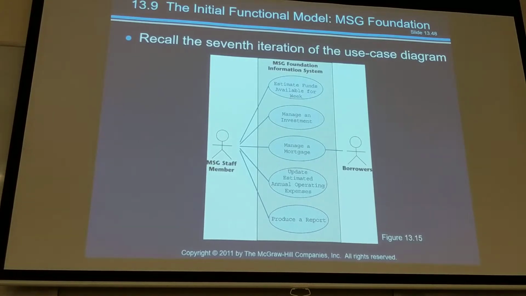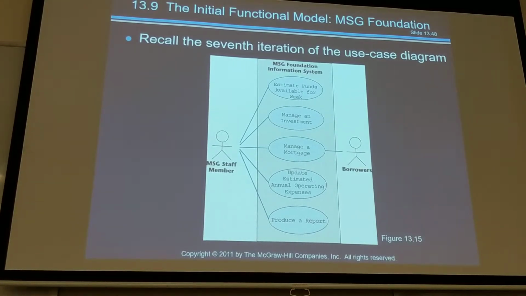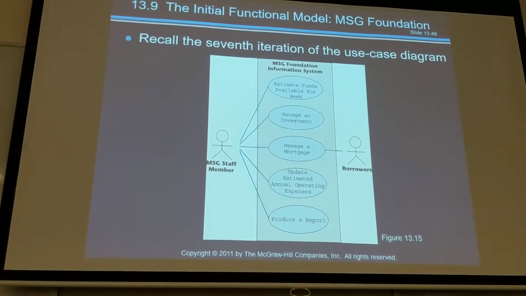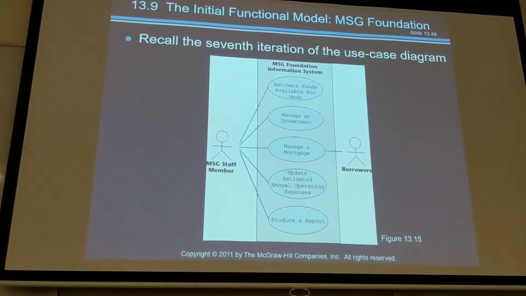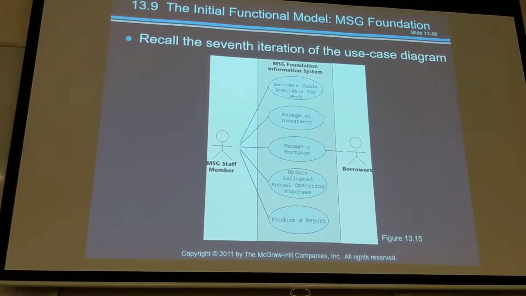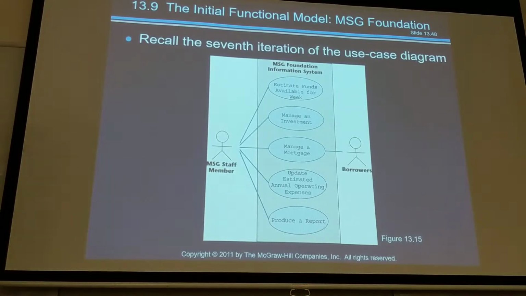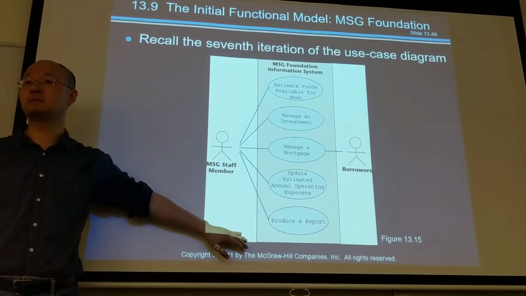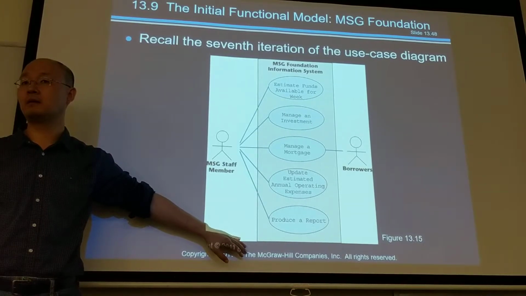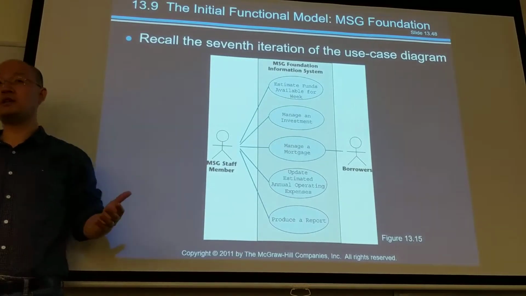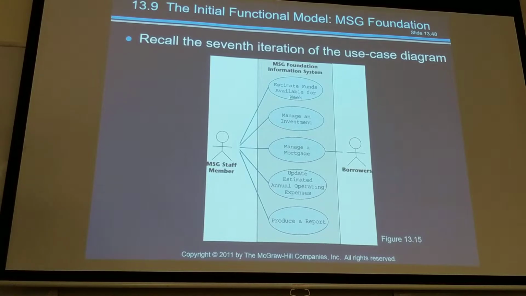Then the second question is, who are the users? Come on, you are doing a system. You first better know what that system is for. Second, you better know who is using the system. The third one is how they are using the system. Very simple: what, who, and how.